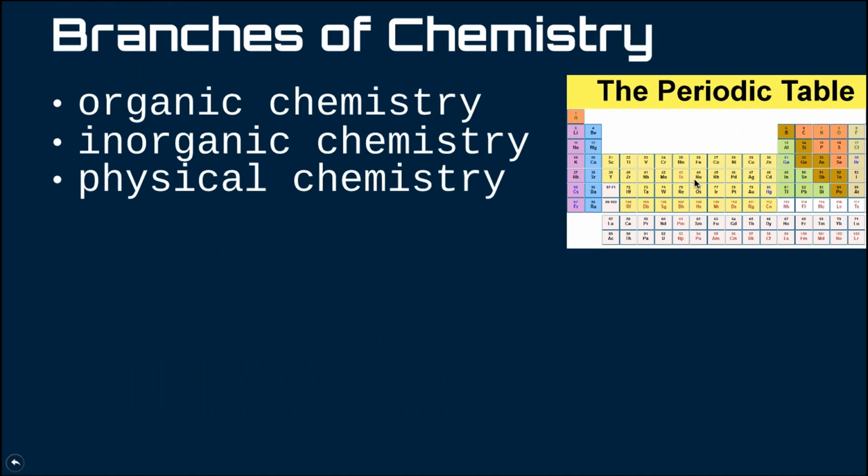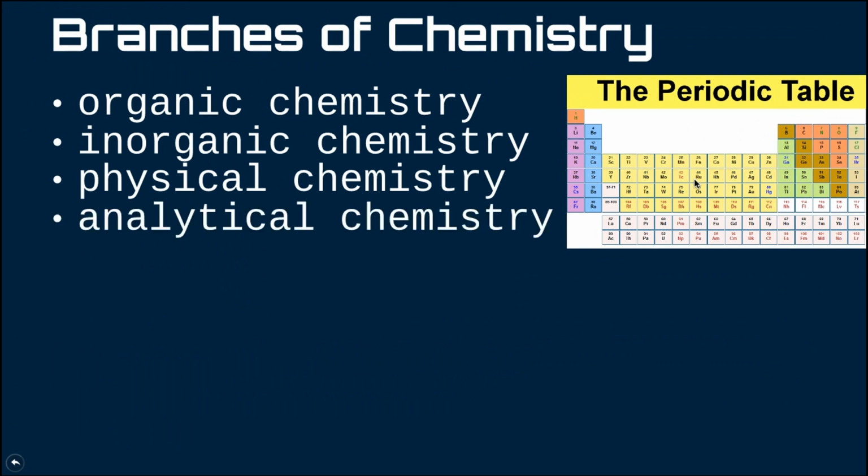So physical chemistry might explain something about reaction rates, how molecules fit together. Analytical chemistry breaks everything down into the specific parts that they're made of. So in analytical chemistry, you might take a molecule made of all different atoms, and you want to know what each of those atoms are. That's what analytical chemistry will take care of, and it's very useful in forensics.